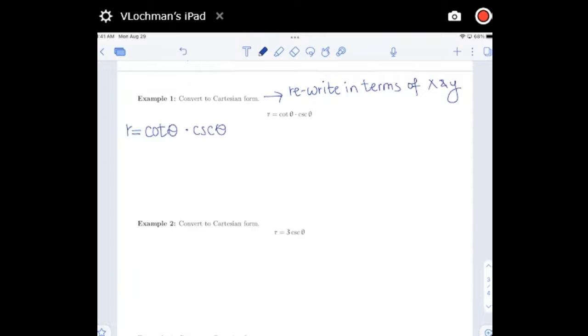I remember one of the things that we said, y is equal to r sine theta, right? This is one of our fundamental things. That's one of the fundamental equations that we need to use. Now I also see that r is equal to this expression. So this is my r, right?